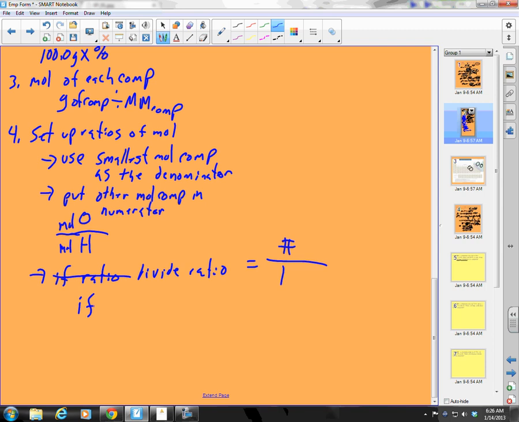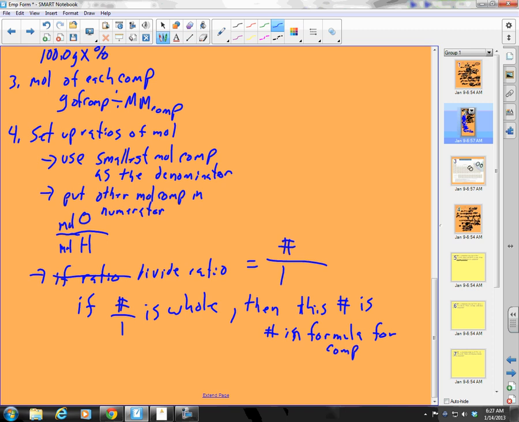And if this number over 1 is whole, then hey, we're essentially done. Then this number is the number in the formula for that component.